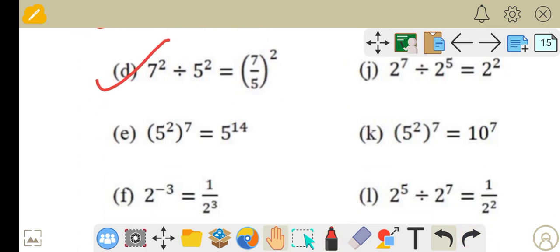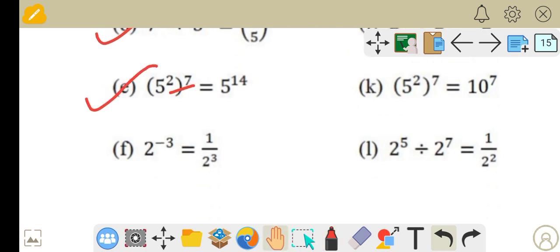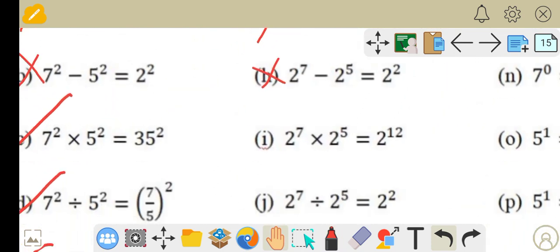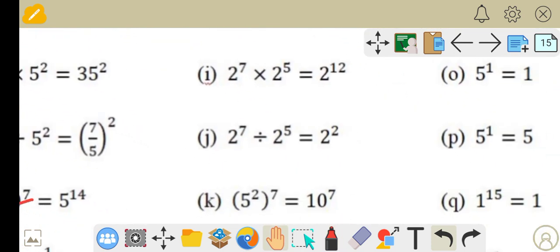Next, we also know the rule: if there is a number in the form of an exponent, then both exponents should be multiplied, and hence 2 into 7 will be 14, 5 to the power 14, correct. 2 to the power minus 3, when we remove the negative from the exponent, the base number should be reciprocal, and hence it is correct. 2 to the power 7 into 2 to the power 5.